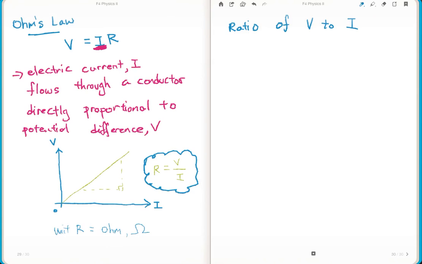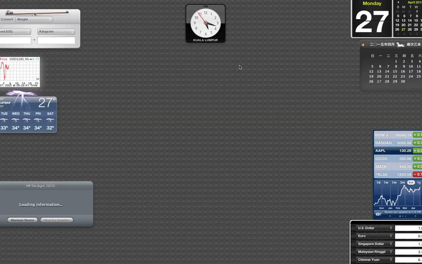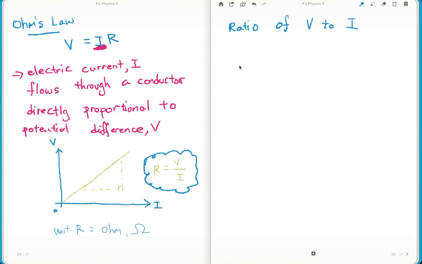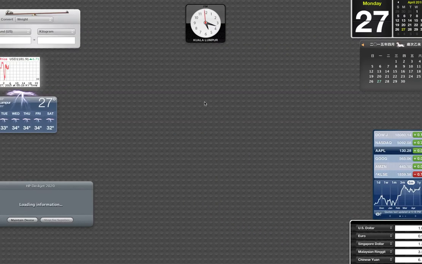Or in layman's terms, what is resistance of current?